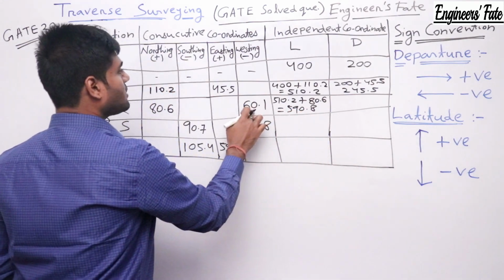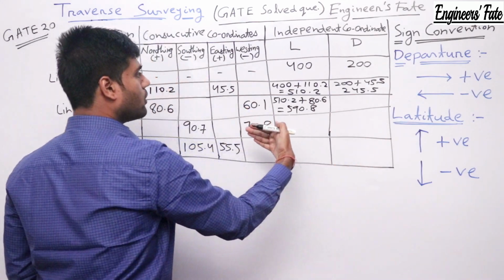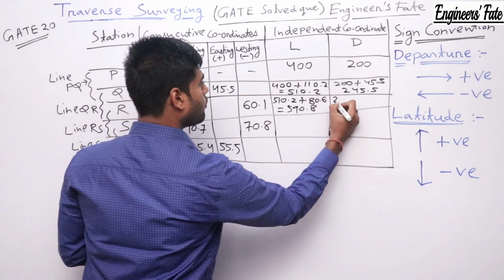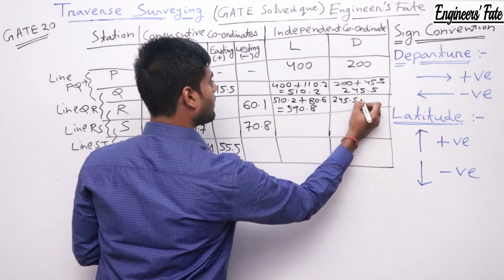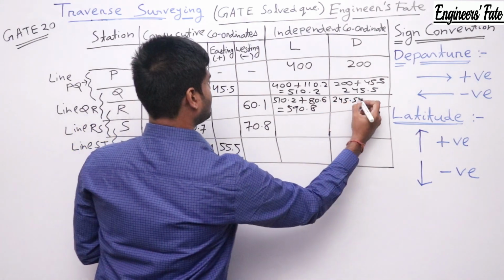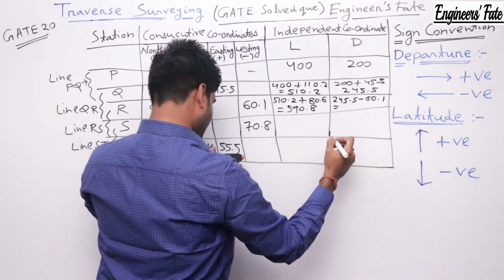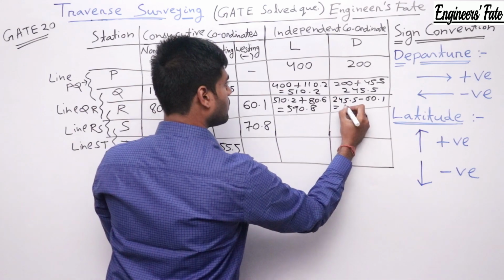Again westing means I am going backwards and westing is denoted as negative, so 245.5 minus 60.1, and this will give me 185.4.